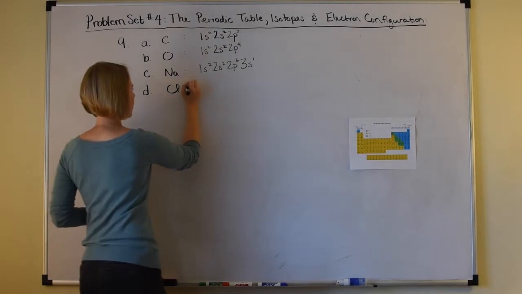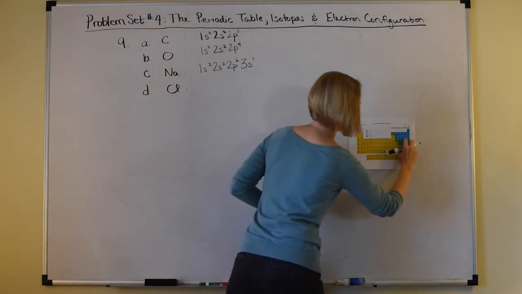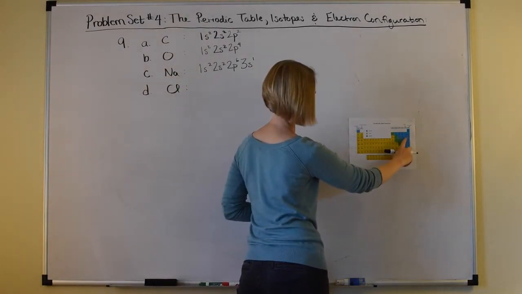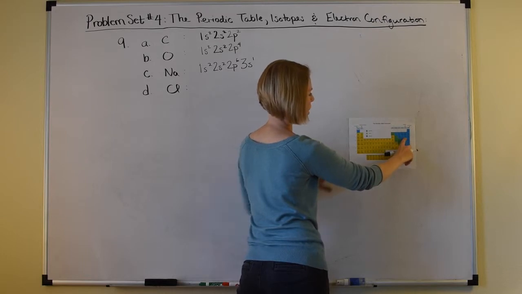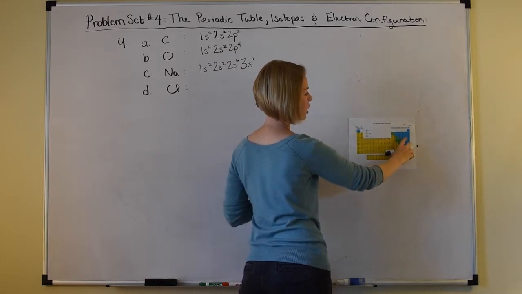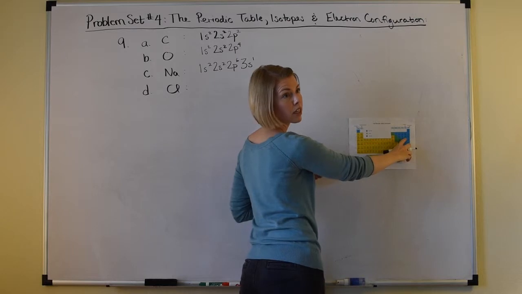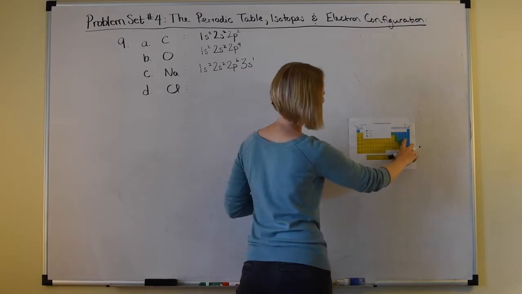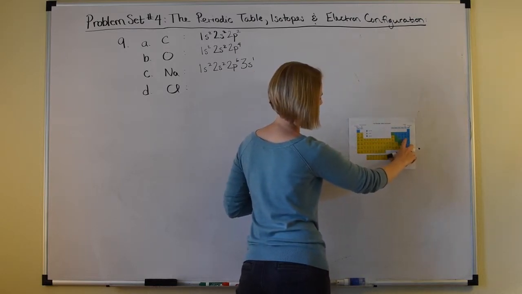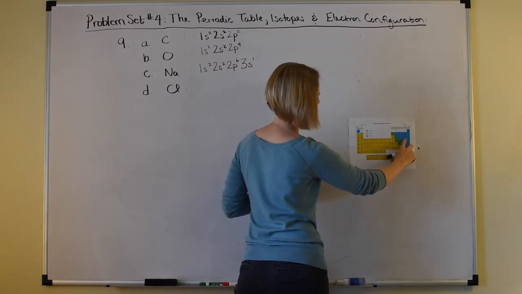All right, chlorine. All the way to here. Whew, it's going to take a while. Let's go ahead and do this one in the full electron configuration, and then I'm going to do the shorthand notation as well, just to reinforce that, because that can be very helpful when these electron configurations get long.